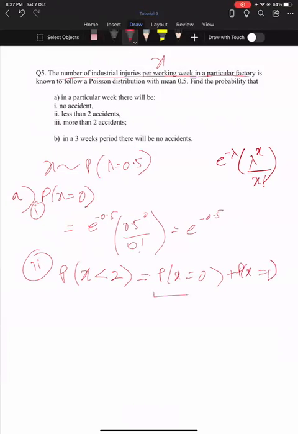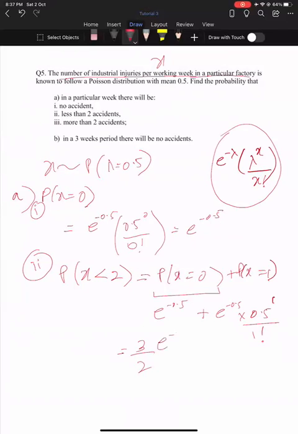For this part, we already have this value from the above part, plus e to the power minus 0.5 following this formula, times 0.5 to the power 1 over 1 factorial, which will again give us 0.5 times e to the power minus 0.5, and we get 3 over 2 e to the power minus 0.5, which is 0.9098.